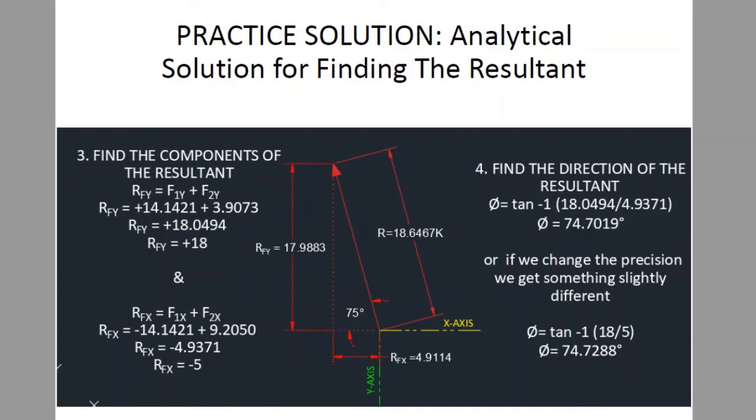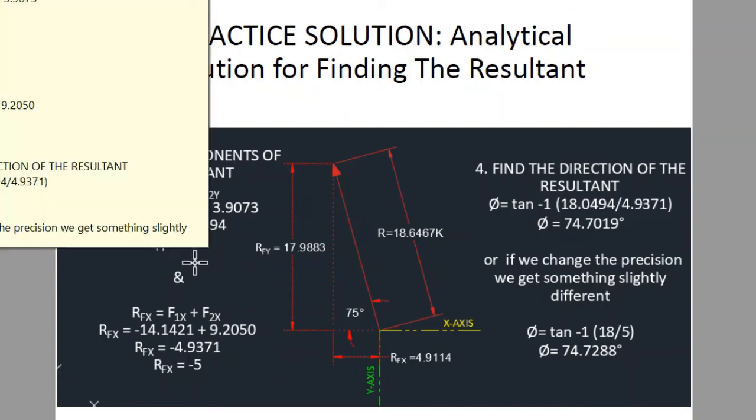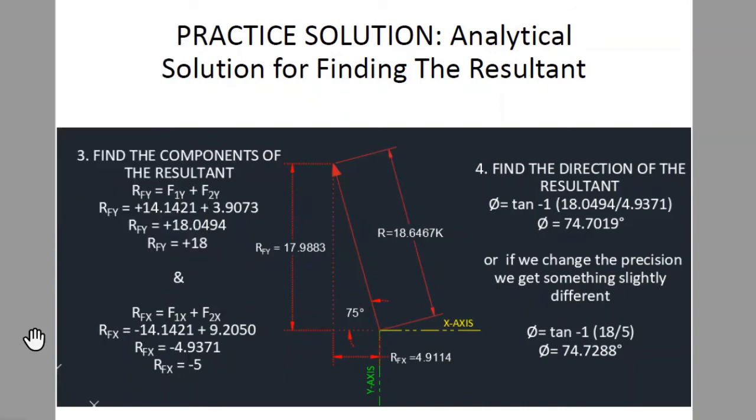We have F1y and F2y. When we sum these up, we find that Ry is equal to positive 18.0494. And then we find that Rx is equal to F1x plus F2x. Again, this is the addition of the x components, and we find that Rx is equal to negative 4.9371.